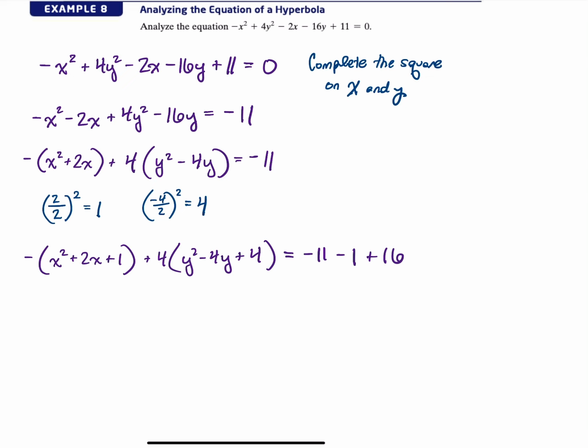So both of these parentheses will factor into perfect squares. So this will give me negative x plus 1 squared. Then I have plus 4 that looks like y minus 2 squared. And then on the right, negative 11 minus 1, that's negative 12. So 16 minus 12 will give us a positive 4 left over.